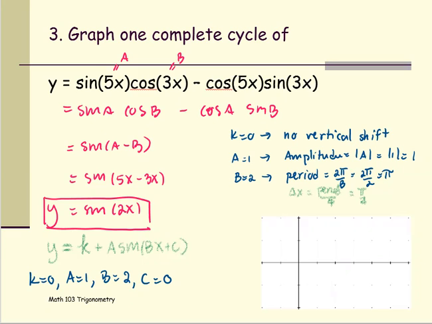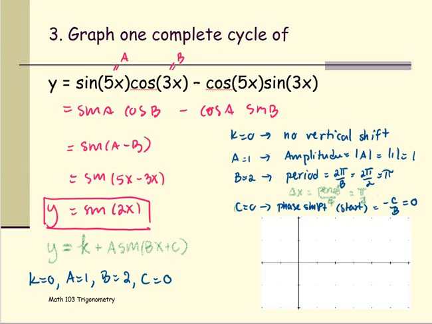The last number, the c value, is 0. The c value is used to find the phase shift of the graph. The phase shift, or the starting point of the cycle, is negative c over b. Since the c value is 0, the graph is going to start at the point 0.